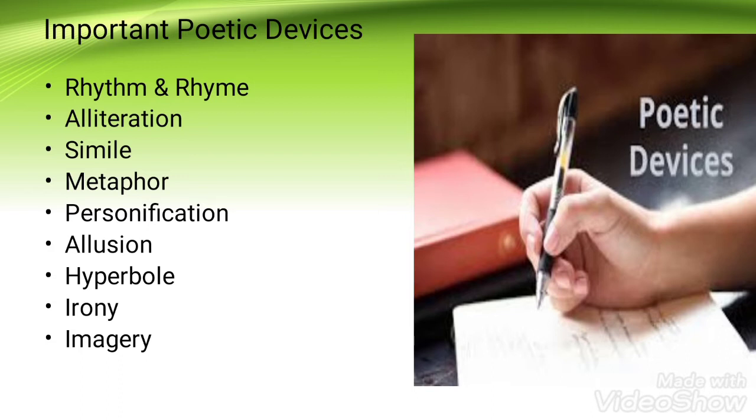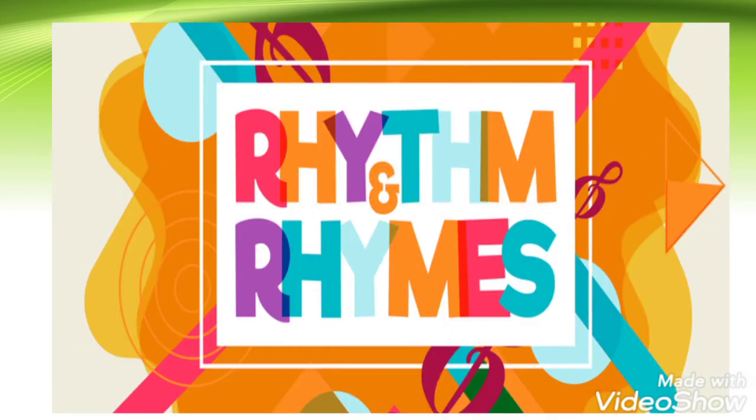We have rhythm and rhyme, alliteration, simile, metaphor, personification, allusion, hyperbole, irony, and imagery. Among these poetic devices, today we are going to talk about rhythm and rhyme. So let us move the slide. Rhythm and rhyme, which are available on the slide also.